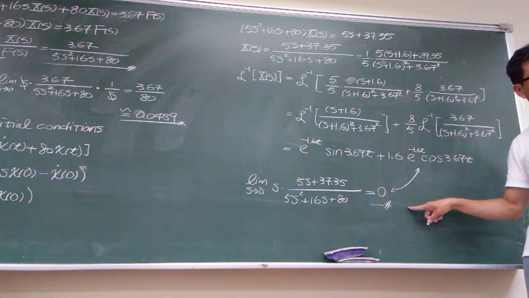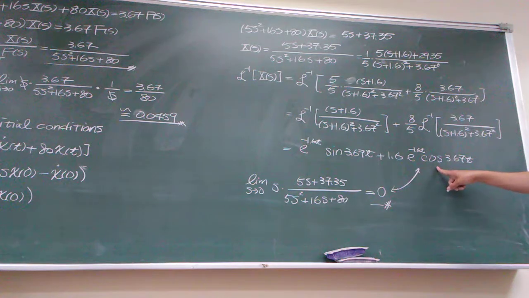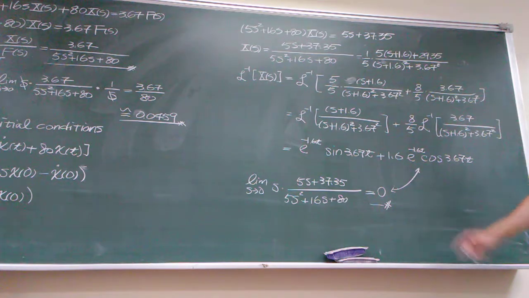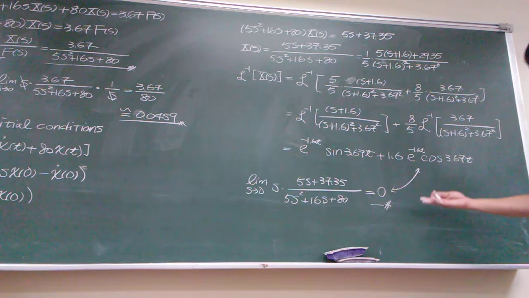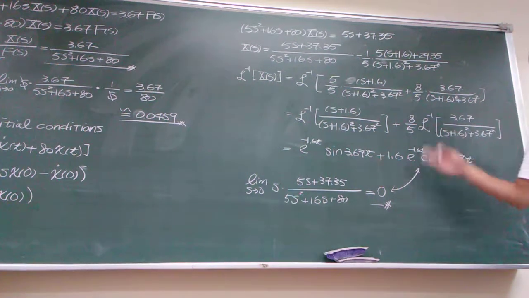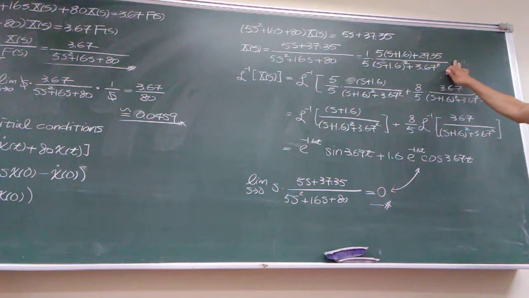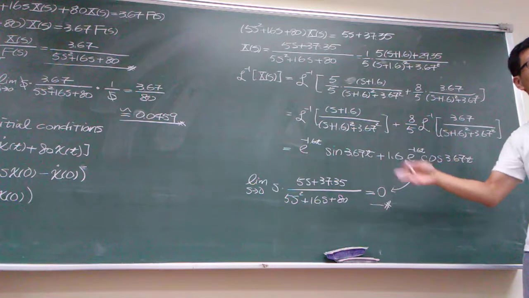This one is going to give you the same result as time approaches infinity. So those two are supposedly going to be identical. Does it make sense? It doesn't matter if you use Laplace transform or time response, you should get the same result. However, Laplace transform is going to give us an easier result when we are doing the calculation.